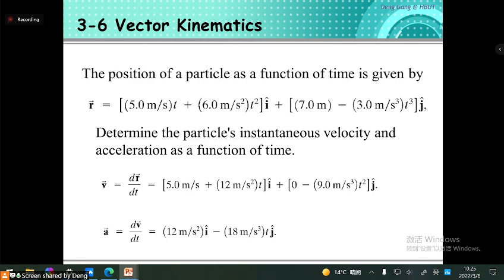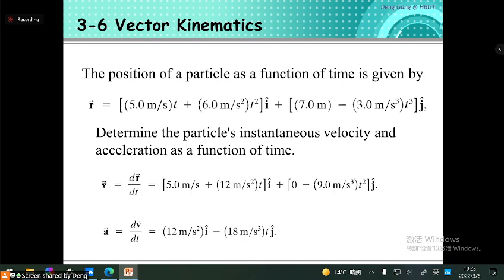That's exactly the same as what we did in the previous chapter for a 1-dimension problem. What's the difference? You need to calculate the x components and the y components.